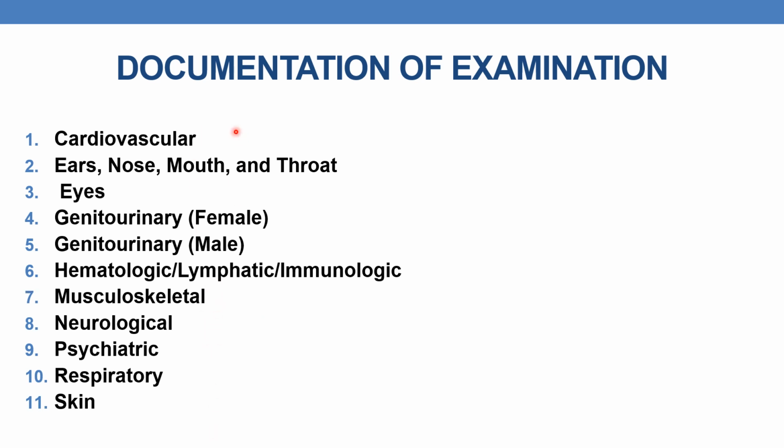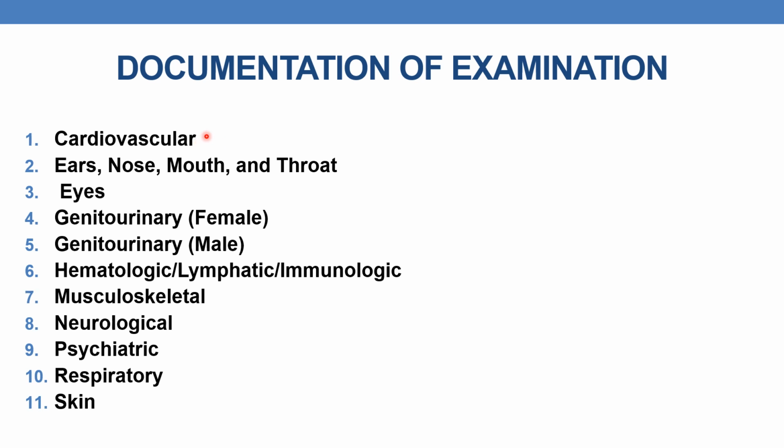These are the organ systems. Each organ system has certain elements. Here we are not going into detail about the elements of each organ system. As of now, we will be just focusing on the types of examination.